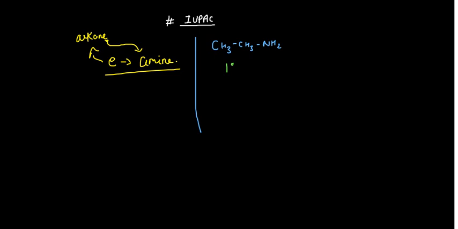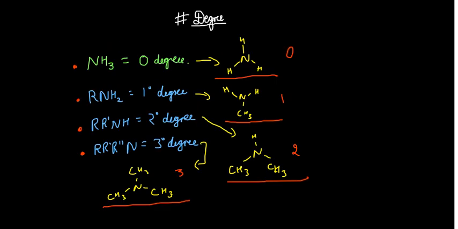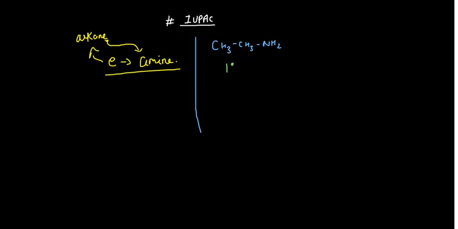The trick to remember the degree is very simple: start from the 0 degree and remove hydrogens. If you remove the first hydrogen, it's 1 degree, 2 hydrogens 2 degree, and all 3 hydrogens, that would be 3 degree. That would be helpful in learning this thing.